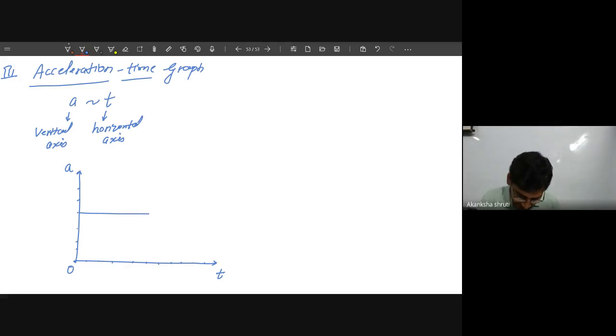What does this indicate? Students, you have to understand this carefully. It is representing some value of acceleration. Say I am writing this as 5 meter per second square, meaning here the acceleration is 5 meter per second square. When is acceleration possible?